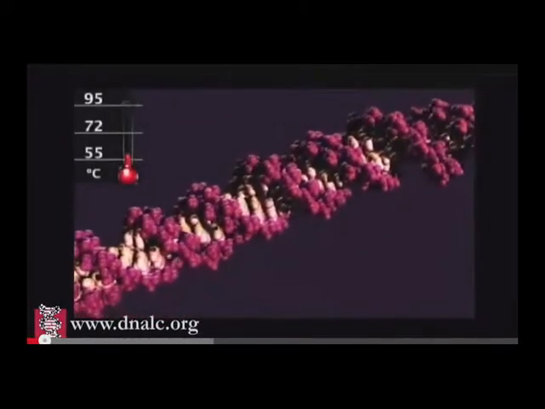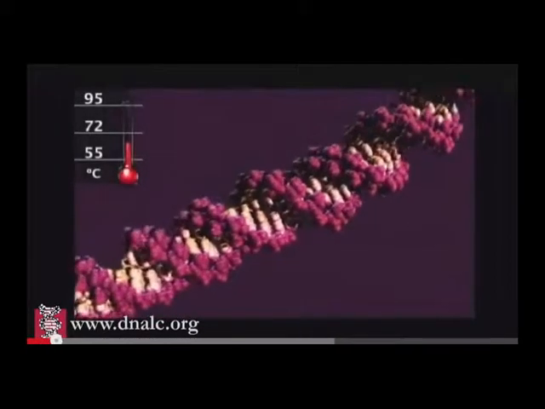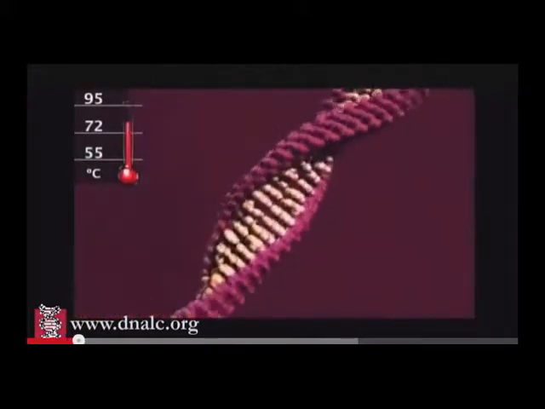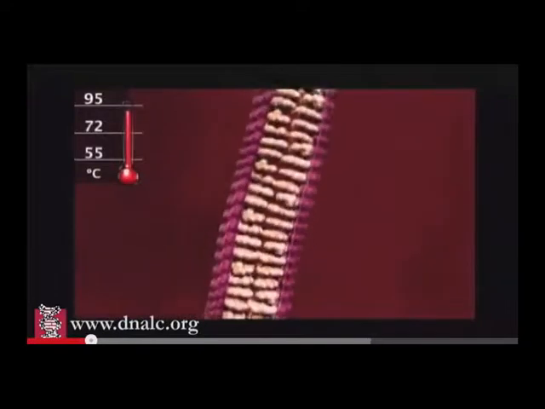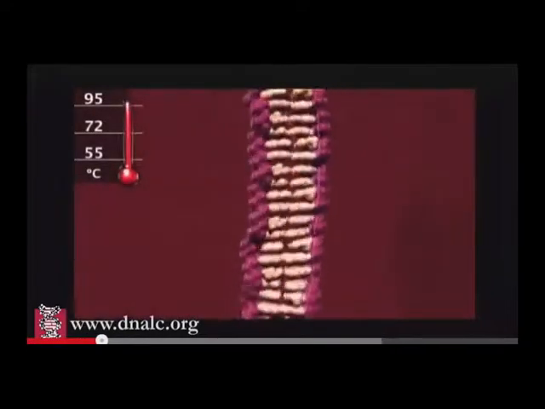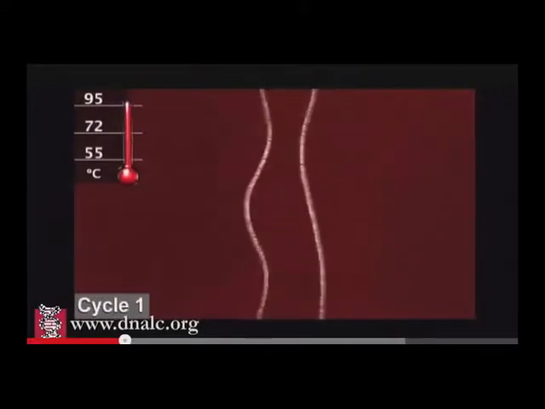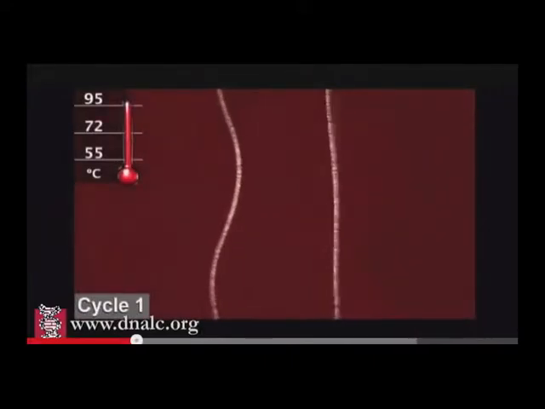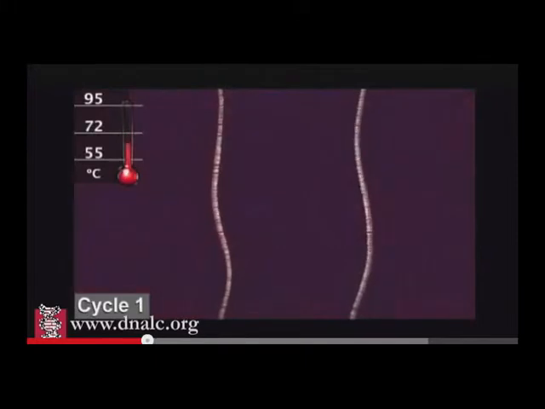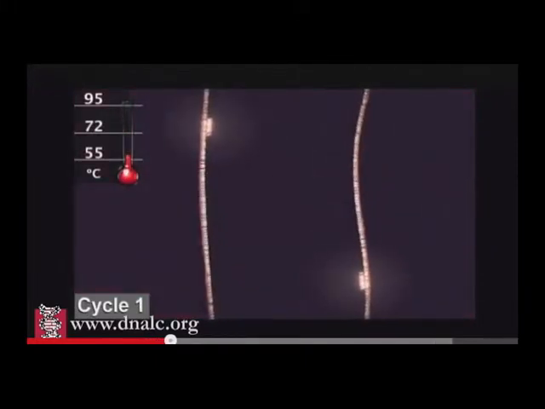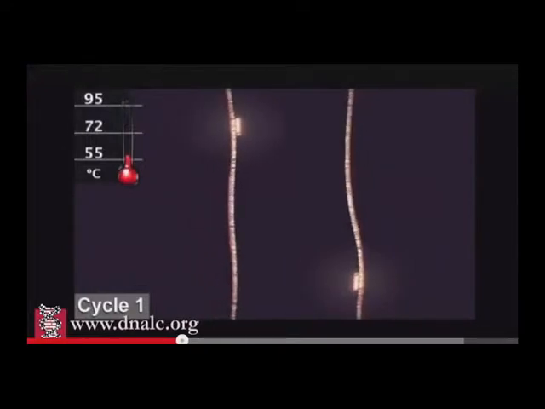Polymerase chain reaction, or PCR, uses repeated cycles of heating and cooling to make many copies of a specific region of DNA. First, the temperature is raised to near boiling, causing the double-stranded DNA to separate, or denature, into single strands. When the temperature is decreased, short DNA sequences known as primers bind, or anneal, to complementary matches on the target DNA sequence.